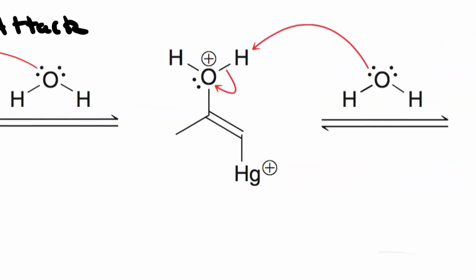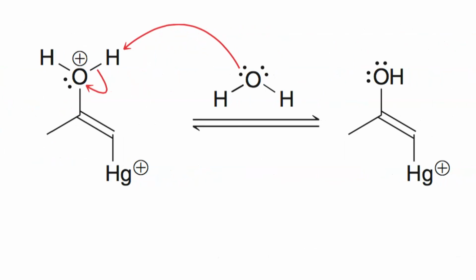So we need to deprotonate it. And another water molecule can act as a base and do proton transfer. And now we've taken away that proton. Now we just need to make the mercury go away.